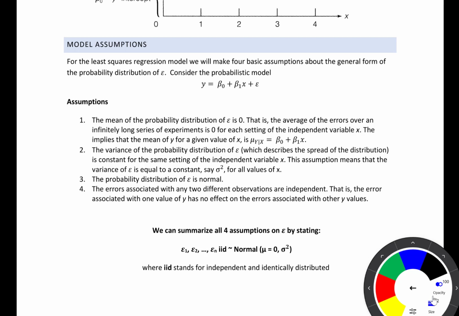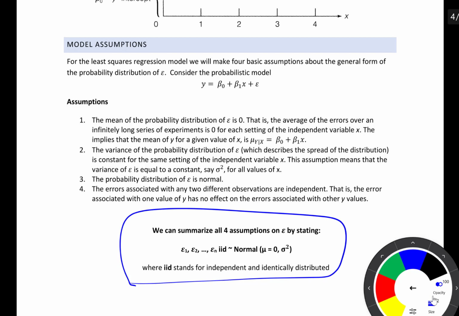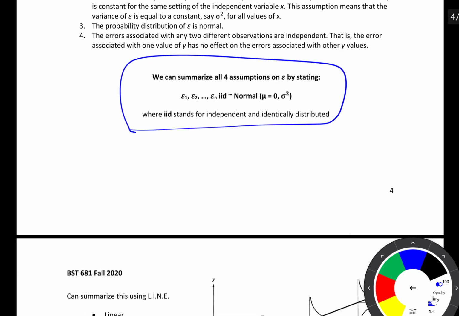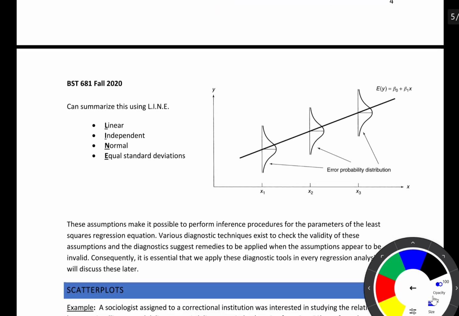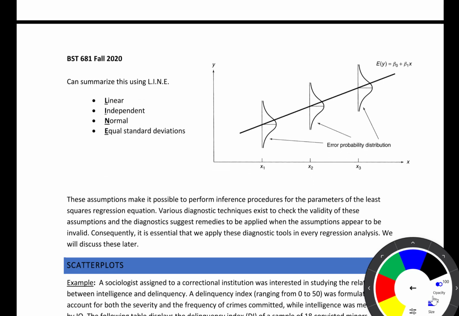The probability distribution of epsilon is normal, and the errors associated with any 2 different observations are independent. All 4 of these are generally summarized with this notation right here. It's a shorthand way to summarize it. Or, as you can see here on the next page, we could also summarize them using LINE: linear, independent, normal, and equal standard deviations. And again, I'm not going to spend too much time here because we're going to come back to this idea later on.